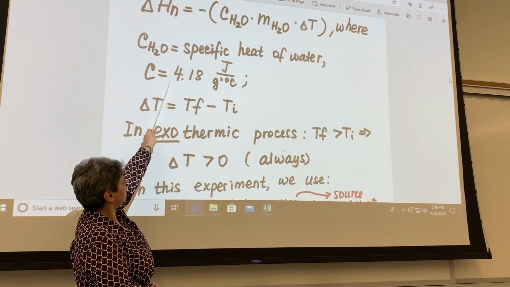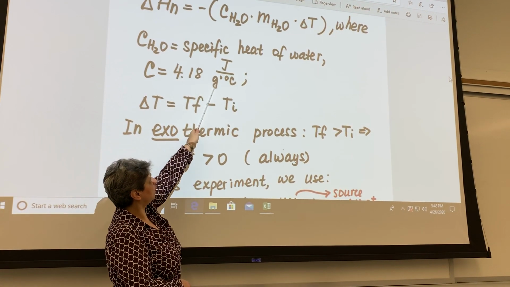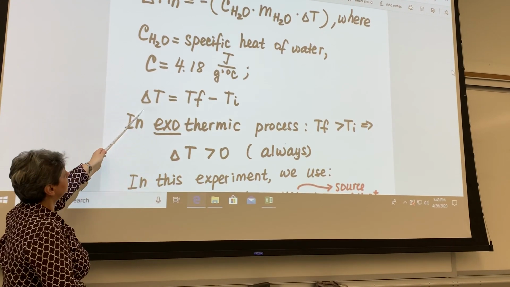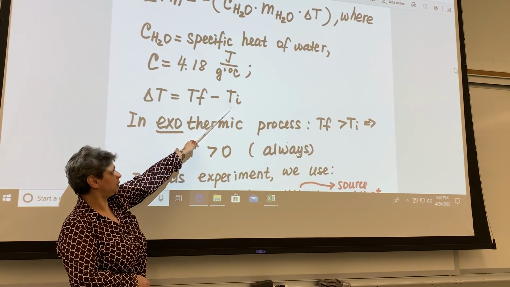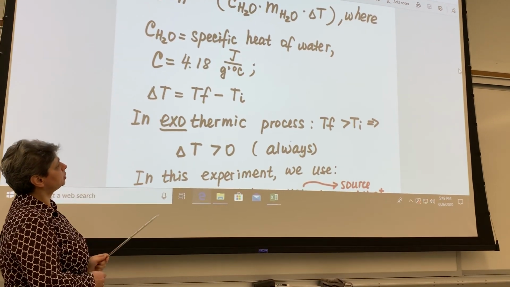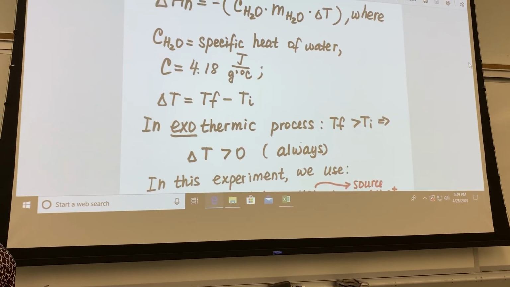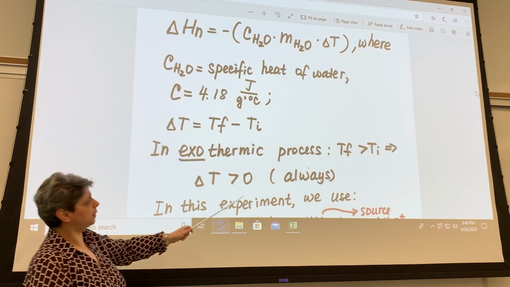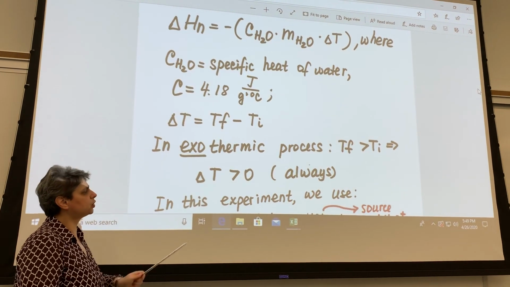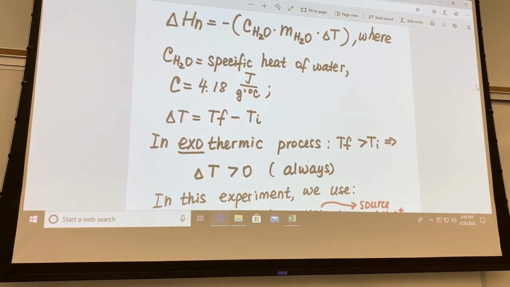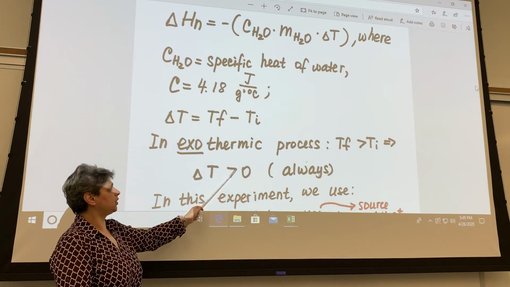So in other words, it takes 4.18 joules of energy to heat 1 gram of water by 1 degree. Delta T is found as final temperature of the reaction mixture minus initial temperature. And because we're talking about an exothermic process, temperature is expected to rise as heat is being produced. So final temperature is going to be greater than the initial temperature, and delta T therefore is going to be greater than 0. So in this experiment we're expecting delta T to be greater than 0.